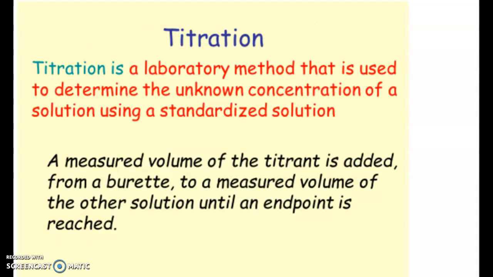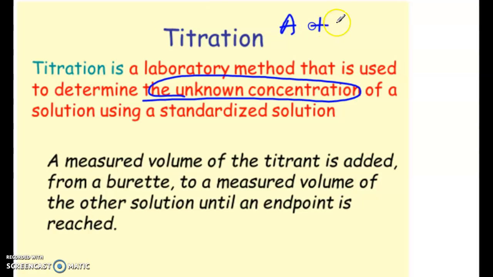As mentioned, titration is a laboratory method, and the purpose of it is to determine the concentration of an unknown substance. Now, because we're doing an acid-base reaction, the unknown can be either one. It can be the acid that we don't know or the base that we don't know.